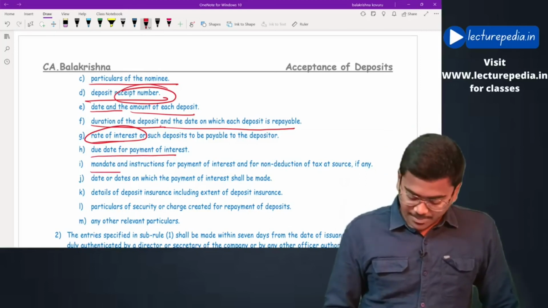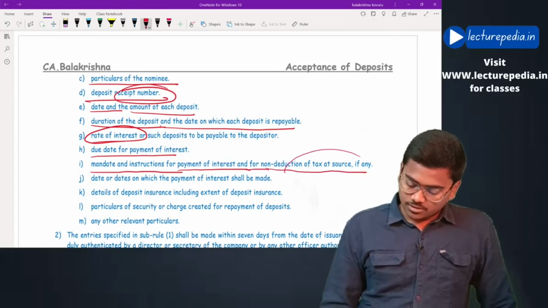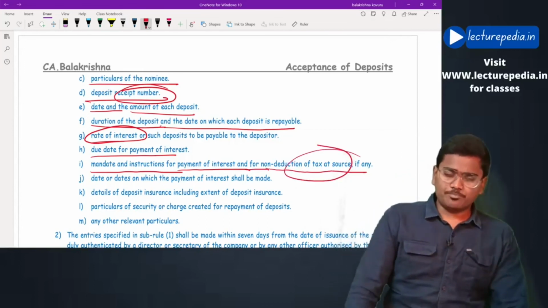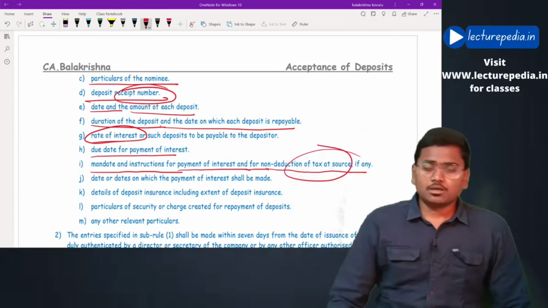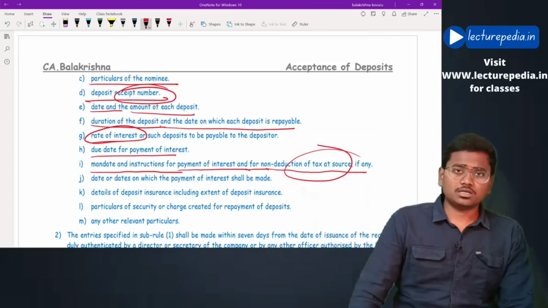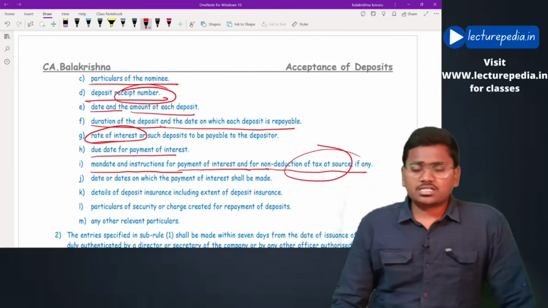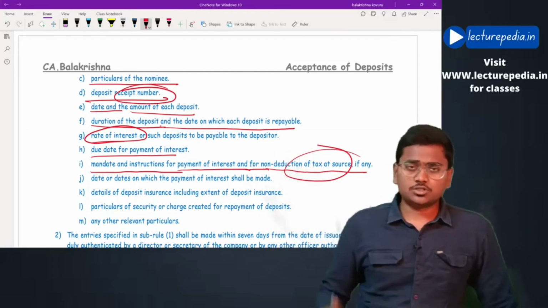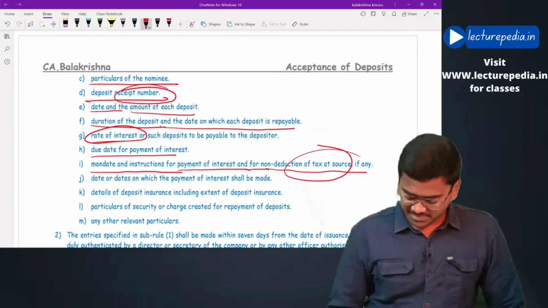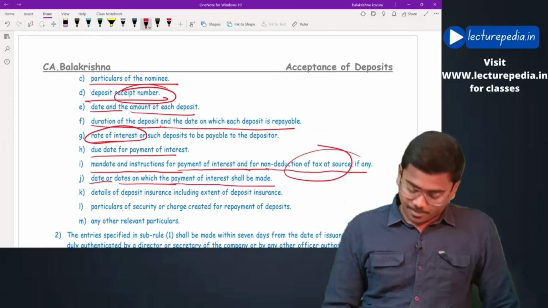Mandate and instructions for payment of interest and for non-deduction of tax at source. If the person is within the tax bracket limits, then you need not deduct TDS. Regarding that you have to collect a declaration from that person. All those details should be mentioned in the register. Next, date or dates on which payment of interest shall be made.